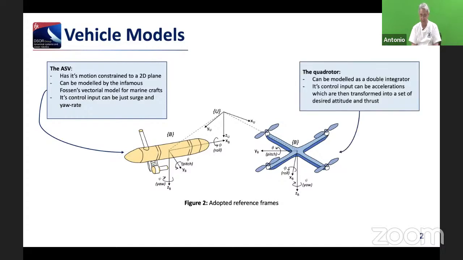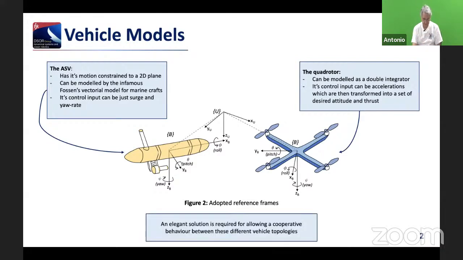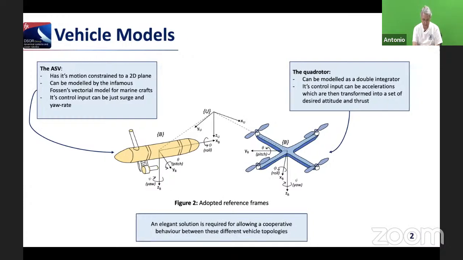And then you have the quadrotor that can, in principle, be modeled as a simple double integrator, where the control inputs are accelerations, which are transformed into a set of desired attitude and thrust. So we have to find a solution to allow cooperative behavior between these different types of heterogeneous vehicles.